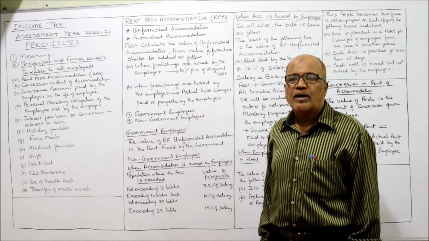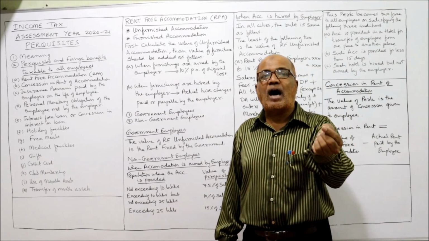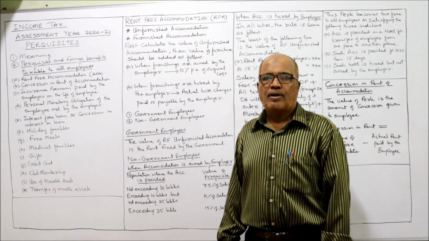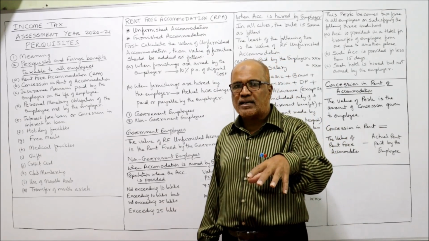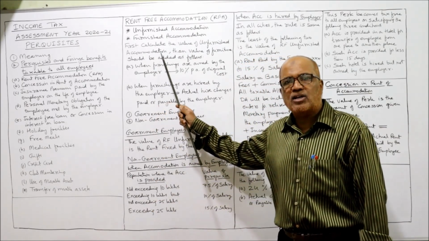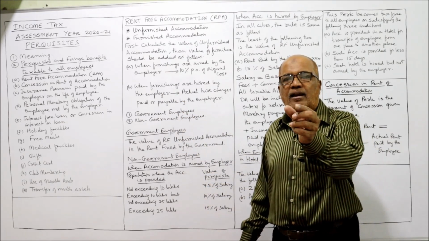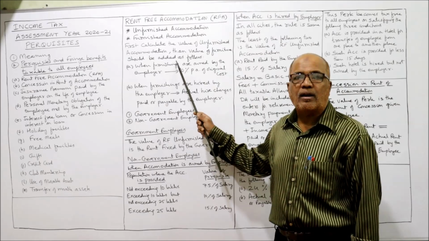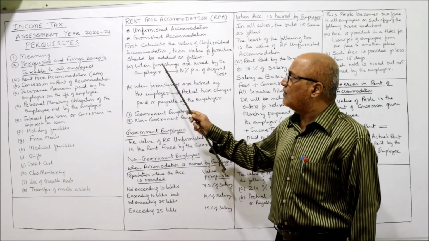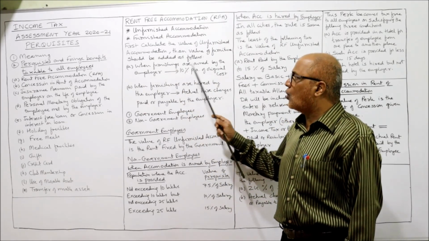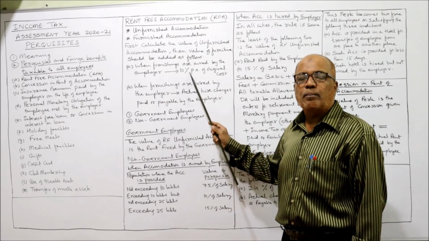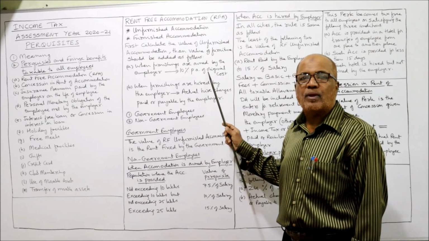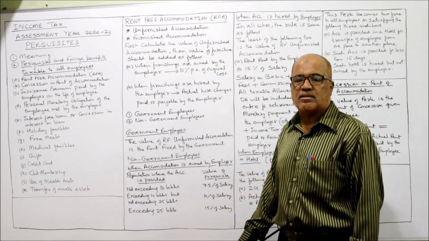So two types of problems will come across, unfurnished house and furnished house. First of all, you calculate the value of unfurnished accommodation by applying the provisions of the Income Tax Act. After calculating that, you add the value of furniture. How to calculate the value of the furniture? When furnishings are owned by the employer, it is 10% per annum of the original cost of the asset.